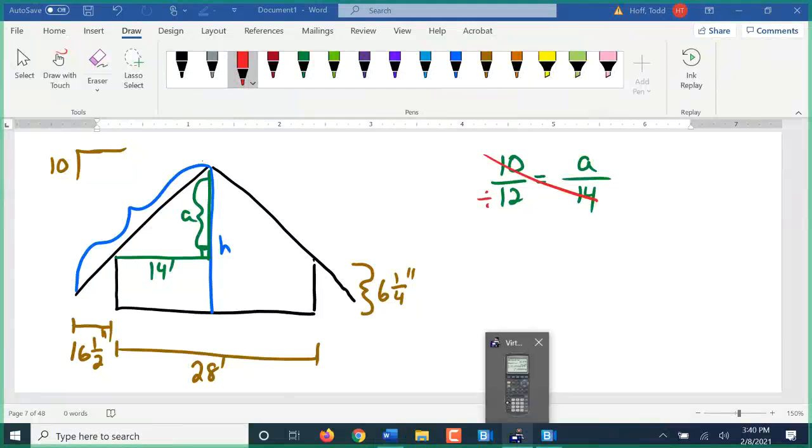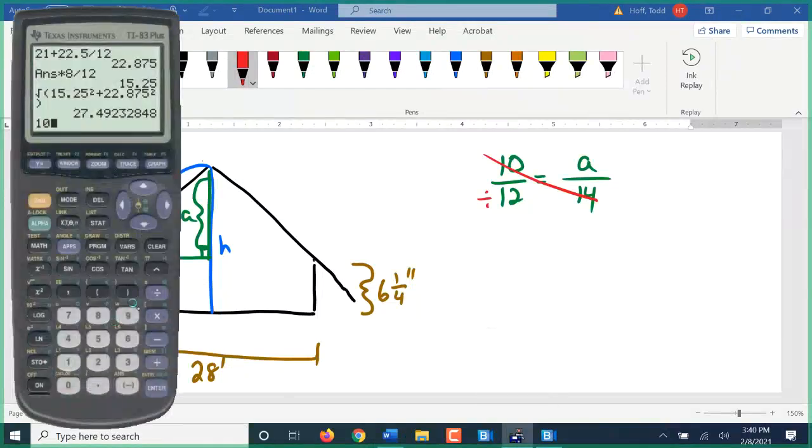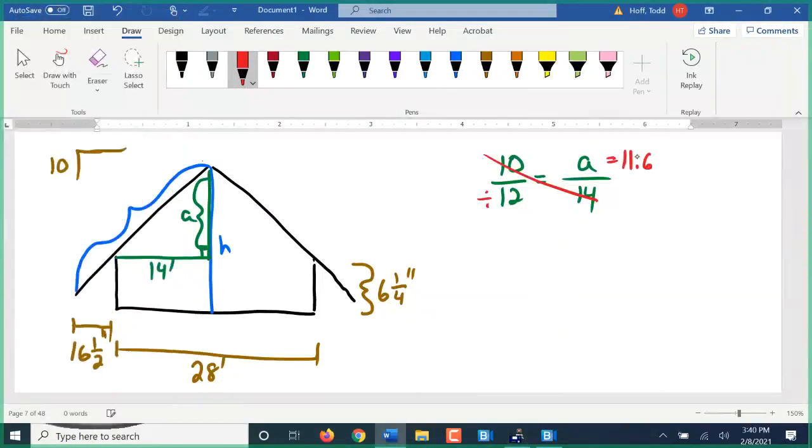So 10 times 14 divided by 12 is 11.667. That's 11 feet, 8 inches. 2/3 of a foot is, of course, 8 inches. I don't expect you to memorize all the fractions of the foot, like 1/8 of a foot being 1.5 inches.